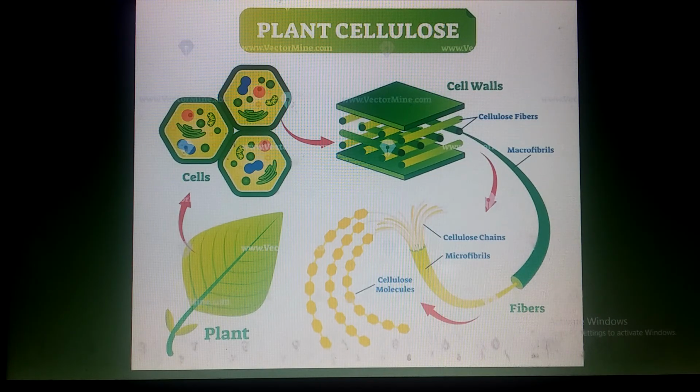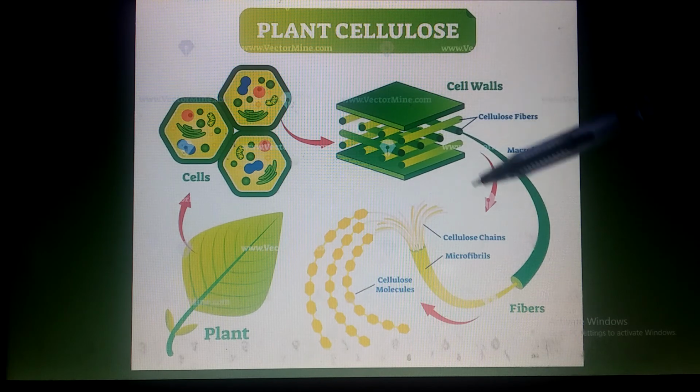Now, plant cellulose, that is very important. As you can see here, the structure of the cell wall. This is the cell wall, and you know it is made up of the primary cell wall and secondary cell wall and the middle lamella, which is present between two adjacent cells.